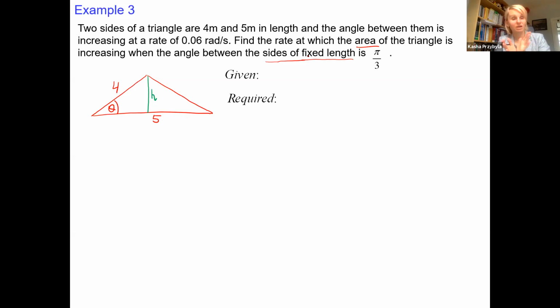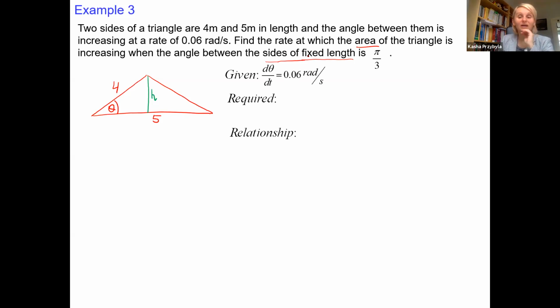But what about theta? Is theta pi over 3, or is it actually changing? It's like a function. It's the variable. It's increasing. That means what given information do we have? The rate of change of the angle, d theta dt, is 0.06 radians per second.